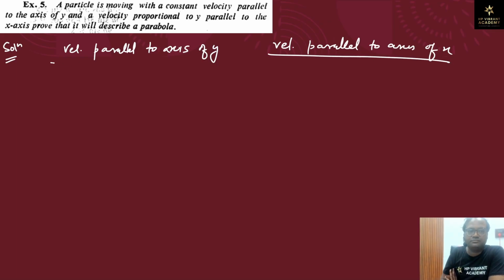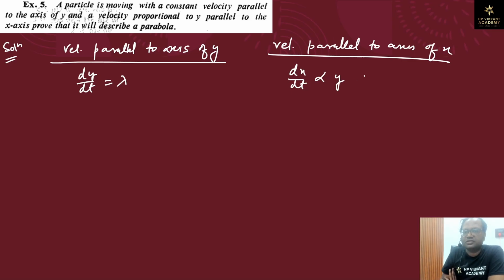Okay, so the velocity parallel to axis of y is constant. So dy upon dt is a constant. Let us consider this as lambda. And the velocity parallel to axis of x, dx upon dt, is proportional to y. So let us consider this as dx upon dt is equal to mu into y. This is equation 1 and this is equation 2.